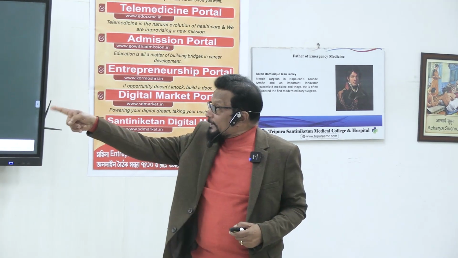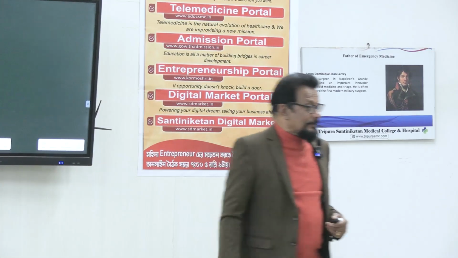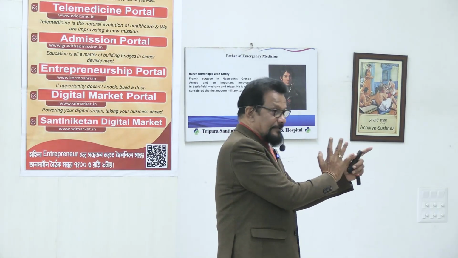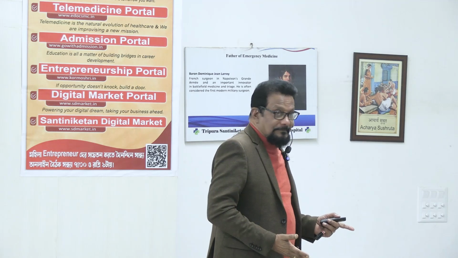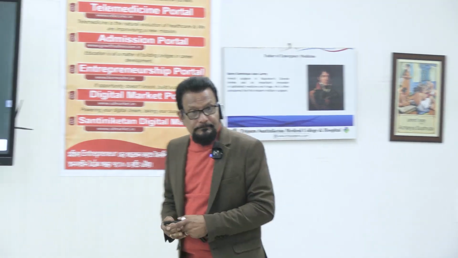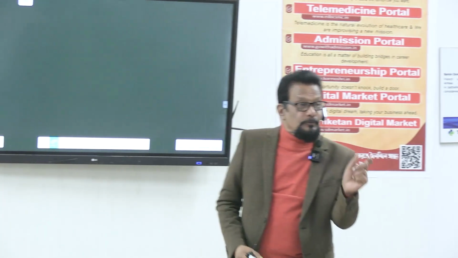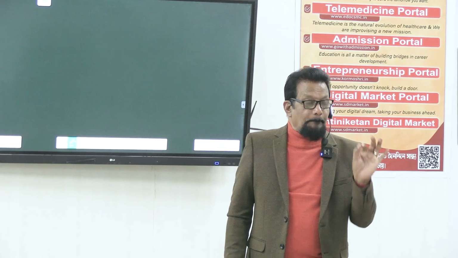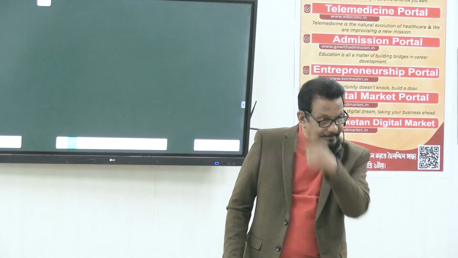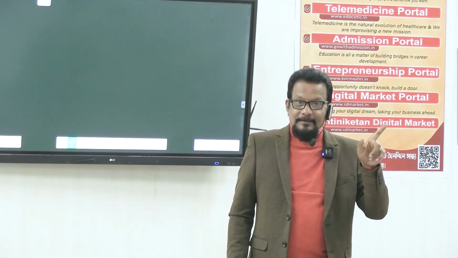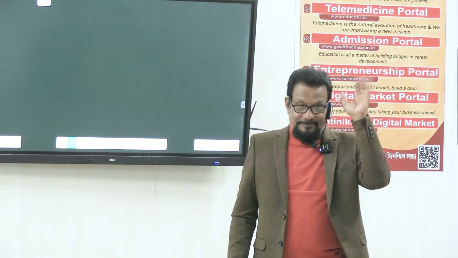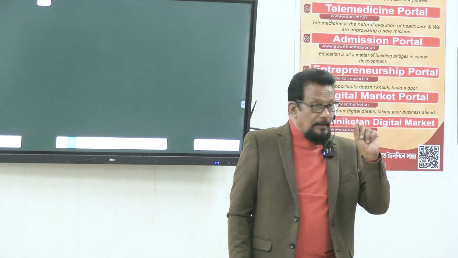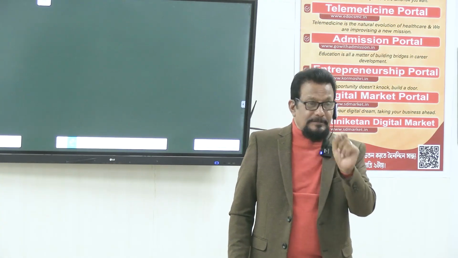The acetylcholine that will be liberated from here, what will happen to it? It will do some function. We'll see what function. And after that, what will happen to it? This will be lysed. It will be broken down by an enzyme present in here only into choline and another compound, acetyl.